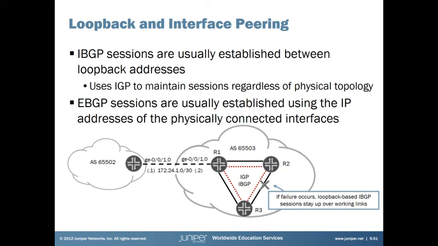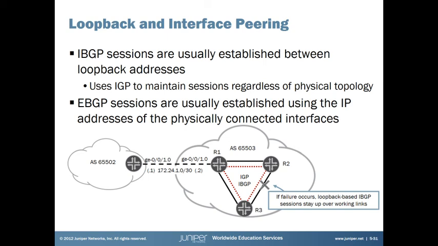Well, if the router dies, then of course, yes. But you don't want any kind of instability within your BGP peering. So you generally set it up between your loopbacks. If you do happen to lose connectivity on a particular link, then your IGP will reroute that traffic another way.